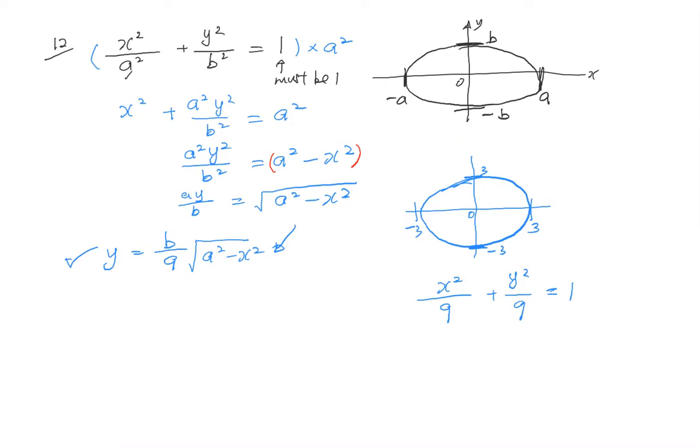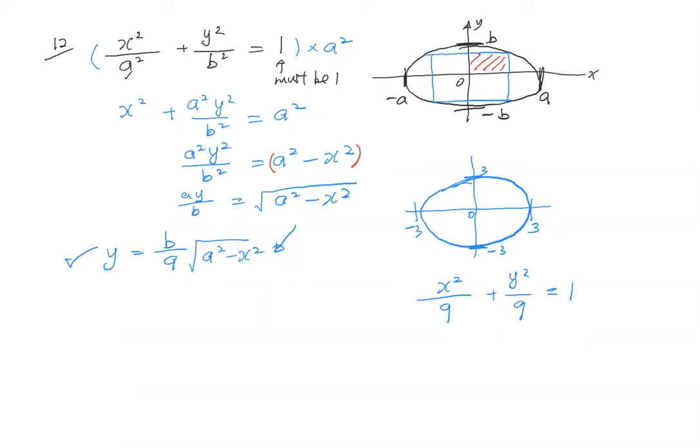Okay, now then the other part, show that the area of the sitting plane. Okay, so you look at here. It's also symmetrical. So the area of the sitting area will be 4 times of this area.